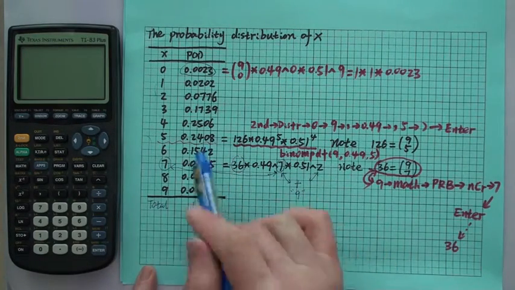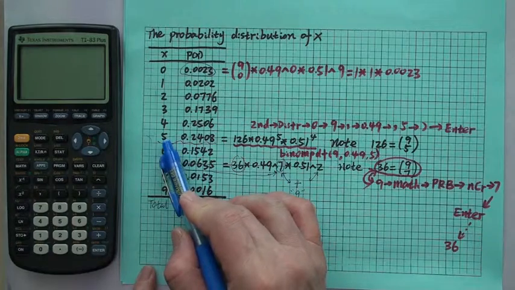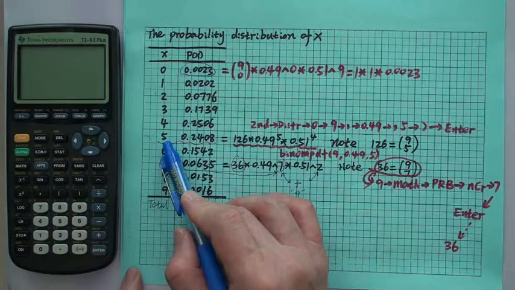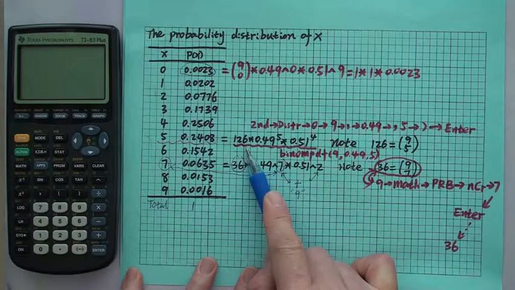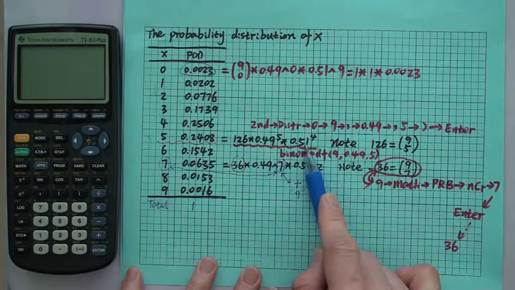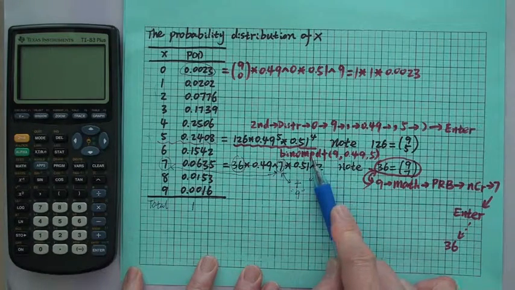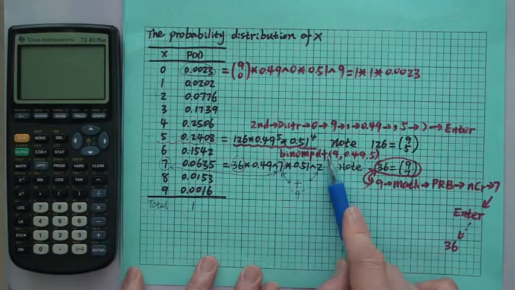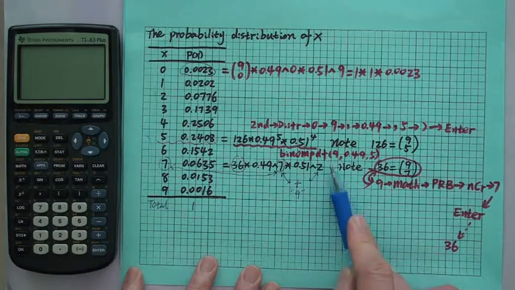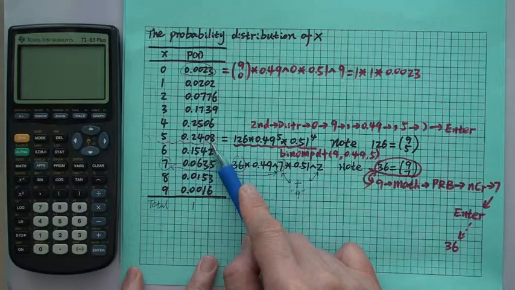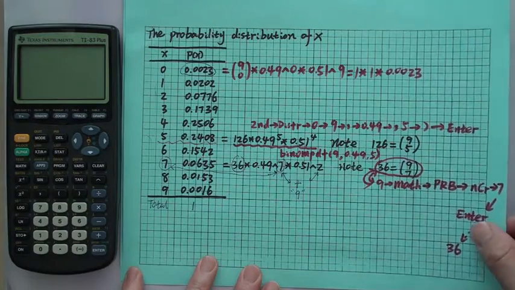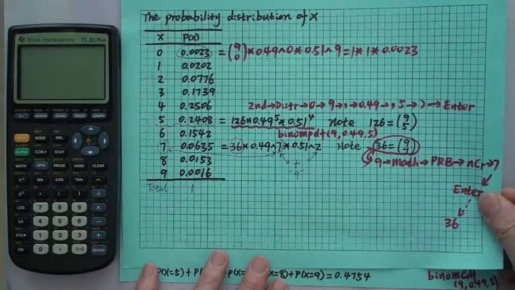Again, we come back to x equals exactly 5, and exactly 5 we can calculate in this way. And here, binomial PDF is the way to calculate this probability.